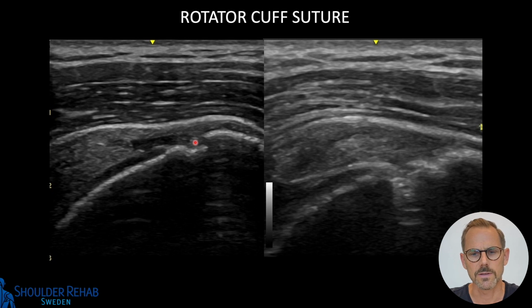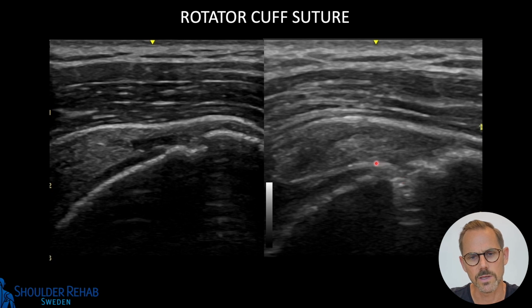So when we look at the structure post-op, we look for the hole for the anchor, where the anchor has been attached to the bone. You can usually see that. If you don't see the contour of the anchor, you see the hole where the anchor has been screwed down. When you see that point, you look medial to it and see that you have tendon tissue immediately medial to the anchor place.